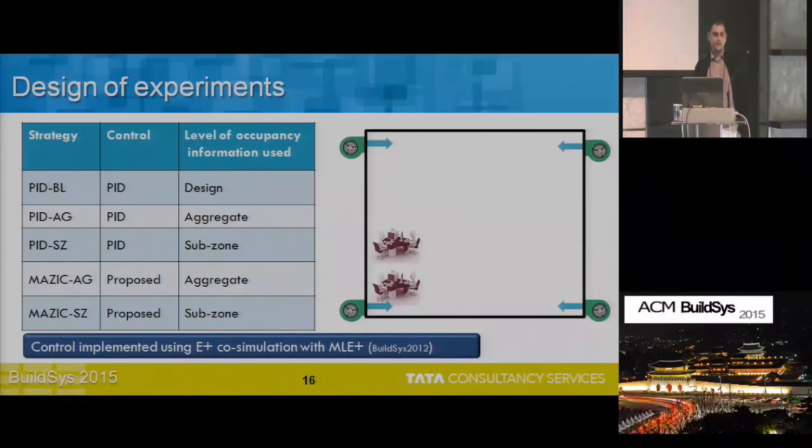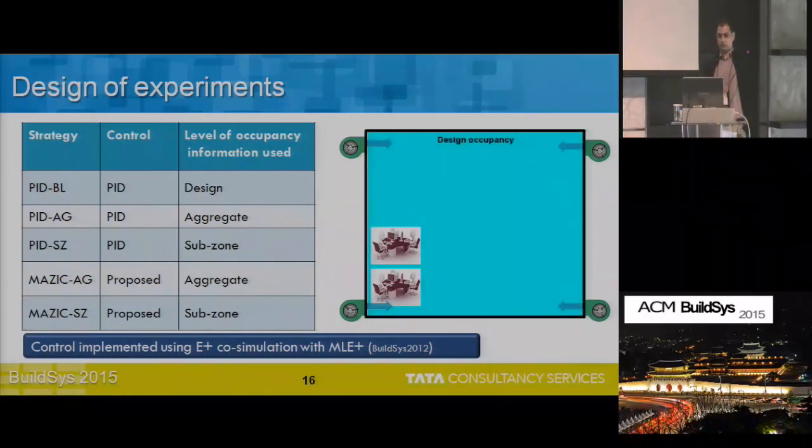So if you have a design occupancy, what the control will essentially try to do is cool the entire space, assuming there are 200 people. For example, this is what happens in a design occupancy. Even though your occupancy might in fact be skewed, in terms of people being present only in one corner of the room, the controller still assumes it's uniformly distributed.